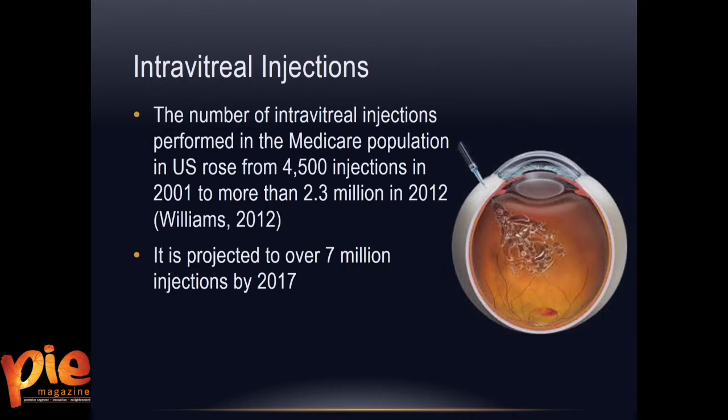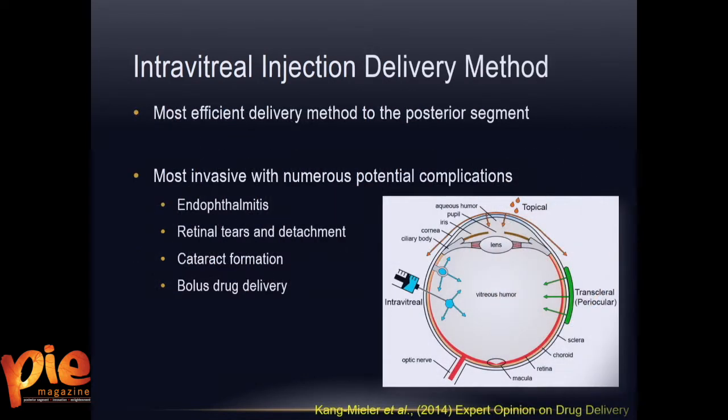In the U.S. Medicare population, intravitreal injection was done about 4,500 times in 2001, which increased to almost 2 million in 2012. It has been projected that this number will be close to 7 million in 2017. And this is just looking at US numbers. So this is a big clinical problem that we would like to solve.